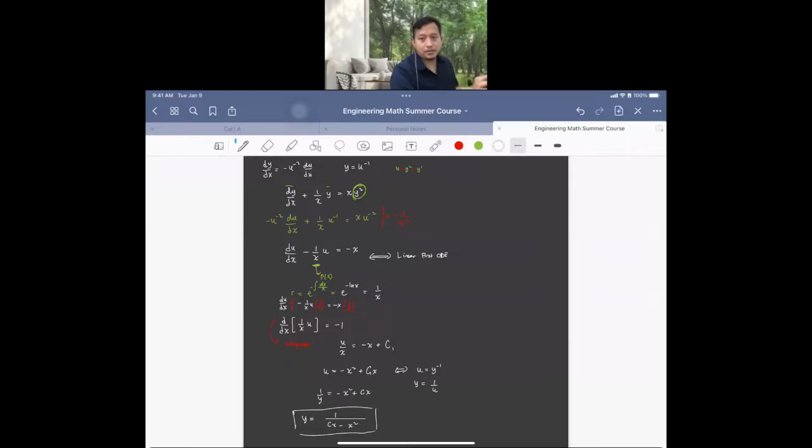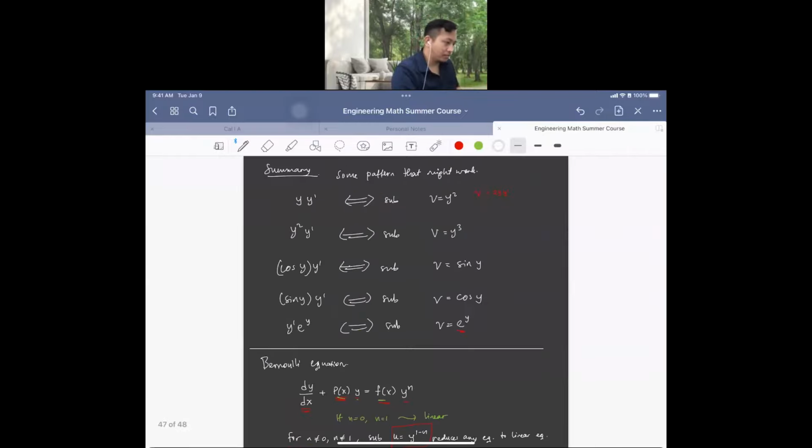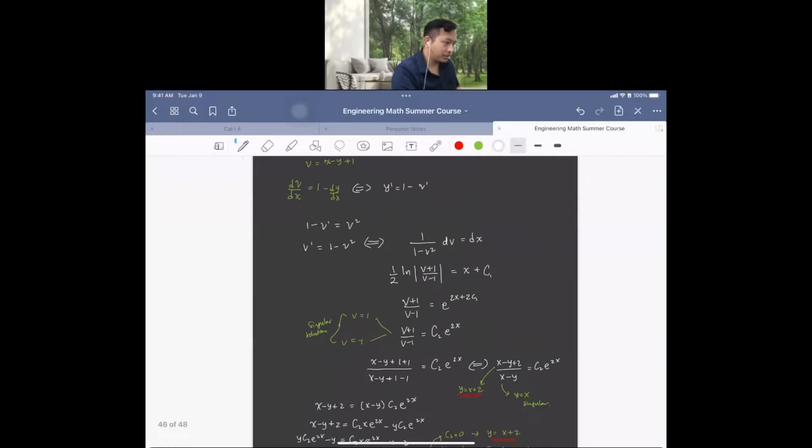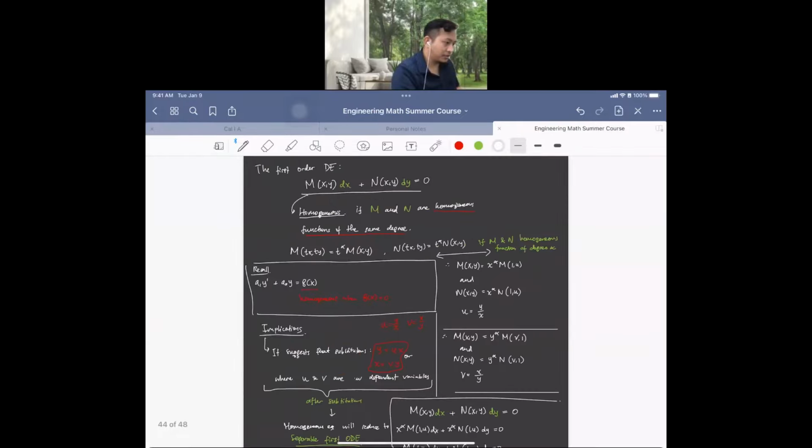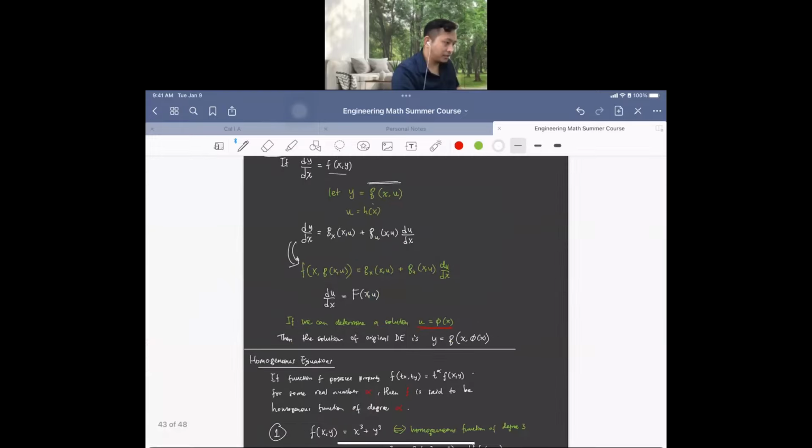Okay, maybe a little bit of recap for the substitutions, to make sure that we understand what it is. Substitutions are basically for homogeneous equations, and to make it simpler, maybe we just focus on the homogeneous one to make it easy to follow.